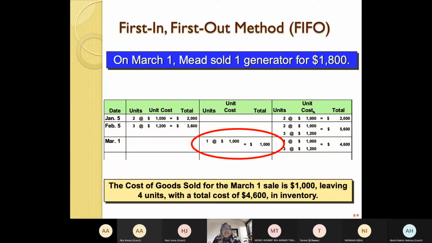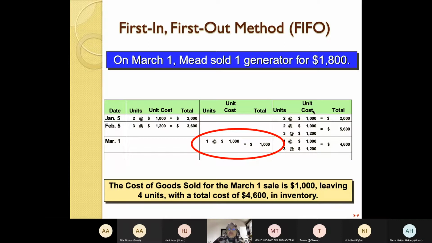So because that is the first in, that is also the first out. So when you make sales under the FIFO method, you're going to take the first cost. In this case, you have 2 units at 1,000, so you sell 1 unit at 1,000. So the balance that you have now is 1 unit at 1,000 and 3 units at 1,200. So total closing stock that you have is 4,600.